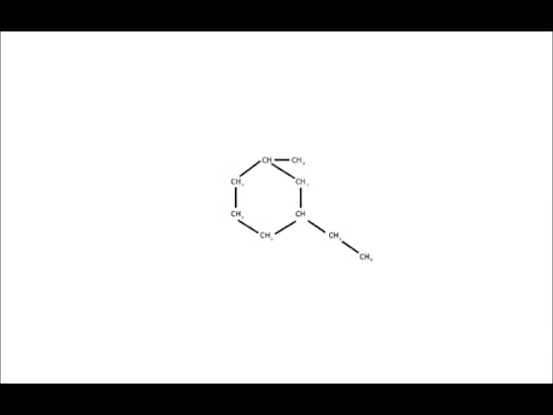The last cyclic example that we're going to look at is this one, which has two alkyl substituents or alkyl branches, but this time they're attached to different carbons. So now we don't know whether to number from this carbon as carbon 1 or this one. Now, because this branch is bigger, this is an ethyl group, whereas this one's a methyl group, we give the longer chain the smaller number.